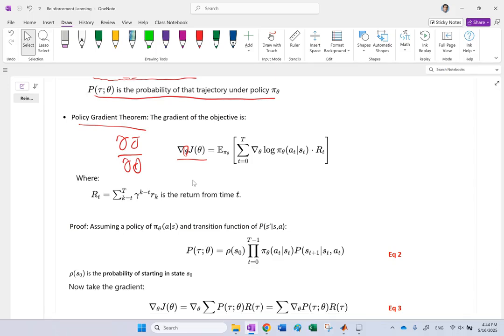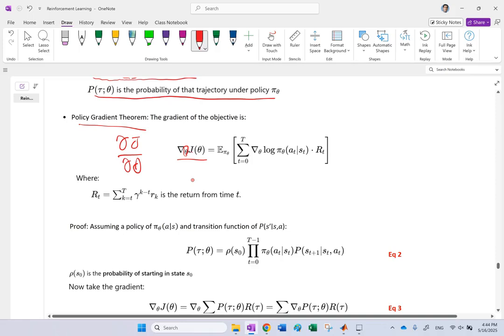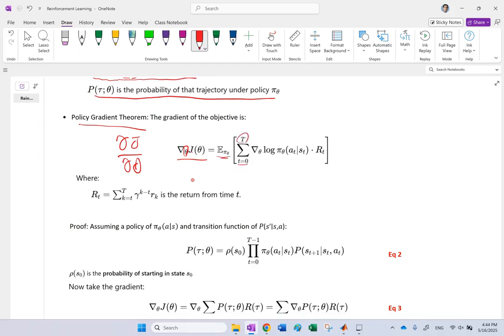Now here it says that the gradient of the cost function will be the expected value of the summation of t going from 0 to T, from beginning to end, of the gradient of the log of the policy times R of t, where R of t is the return that you have starting from time t all the way to the end.